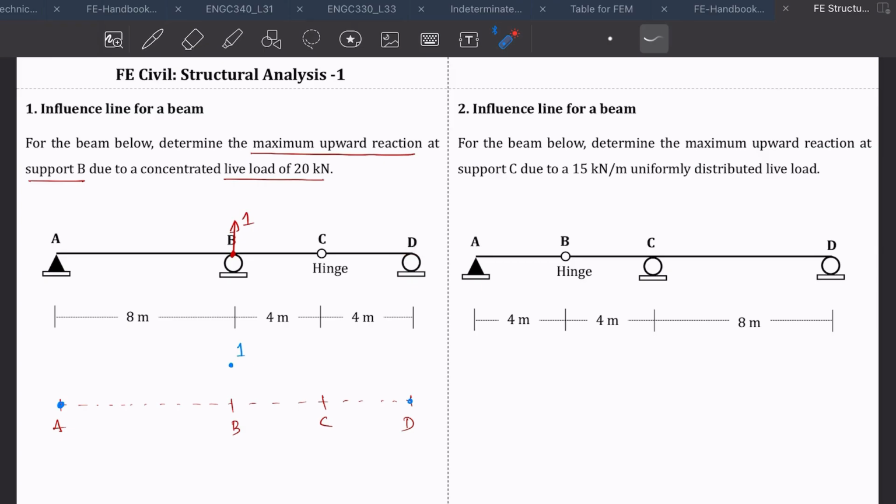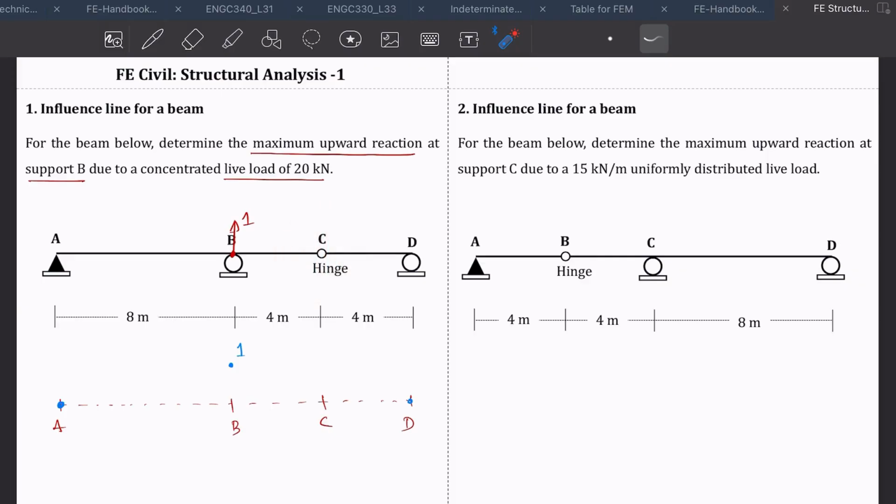We are interested in shear, reaction, and moment, so we are not going to worry about it. As for the hinge, it can go up, it can go down, and it can rotate in both directions.